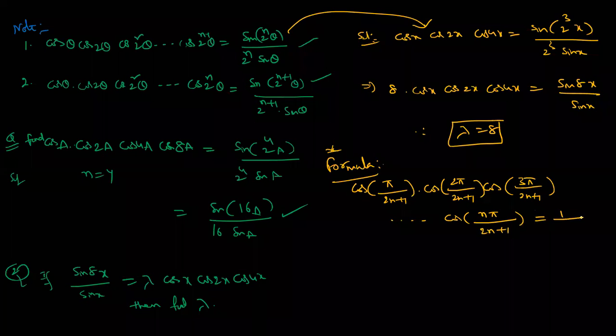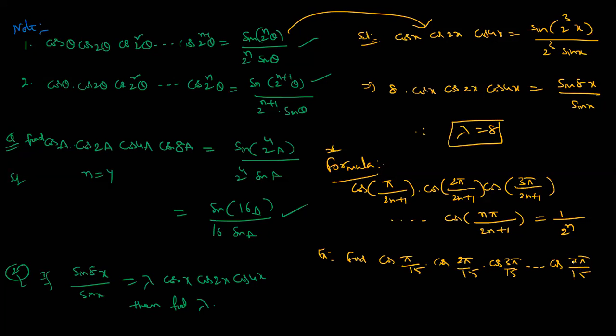This value is always 1 by 2 power n. How? From this formula only. Example, find cos pi by 15, 2 pi by 15, 3 pi by 15, and so on, 7 pi by 15. Check whether it is correct or wrong.